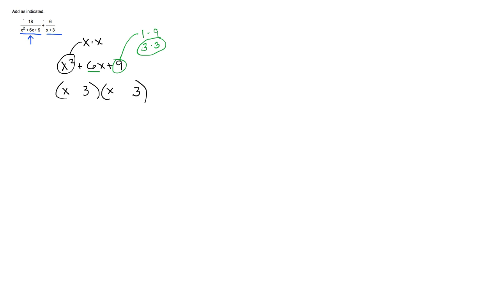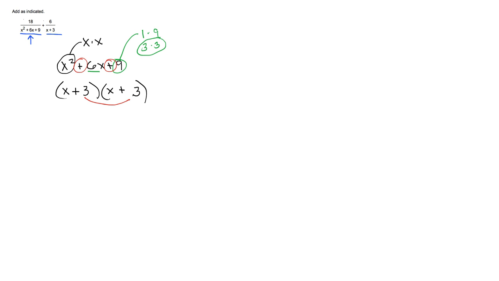Now I need to decide the signs to place in the parentheses. If we look at our original problem, we have a plus and a plus. So that means when I multiply these two together, I need to have a plus 9. And when I add them together, I need to have a plus 6. So that means that I will have a plus sign in each parenthesis.